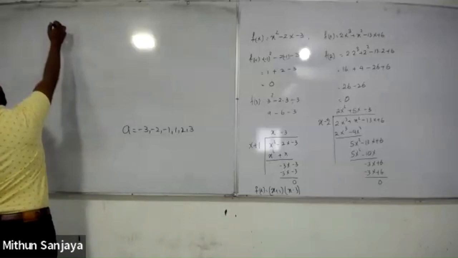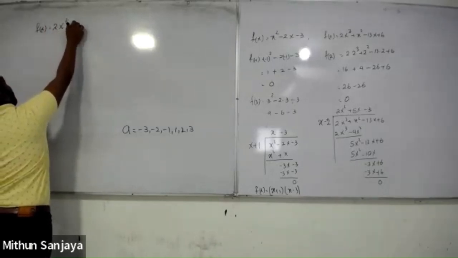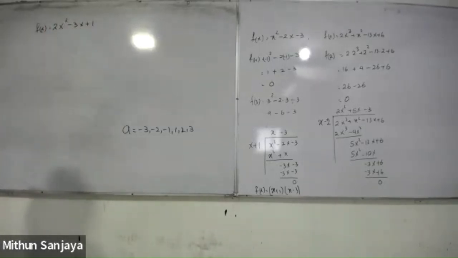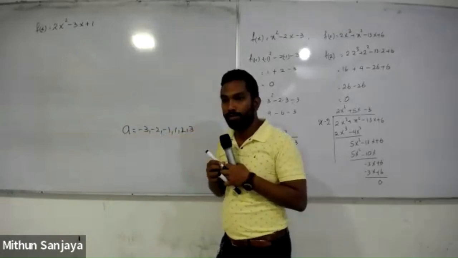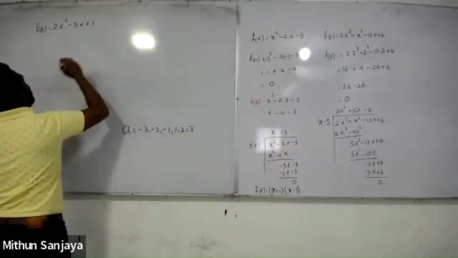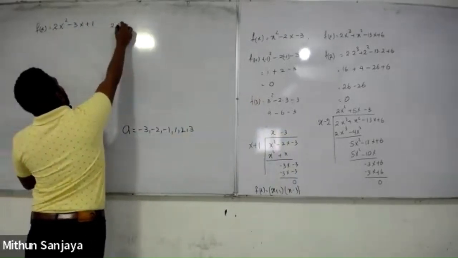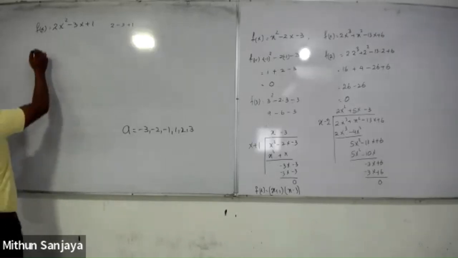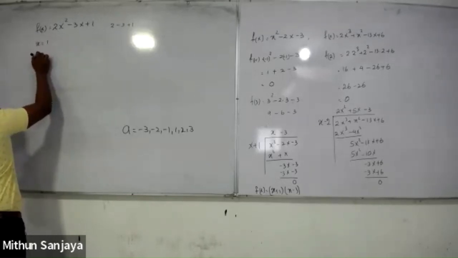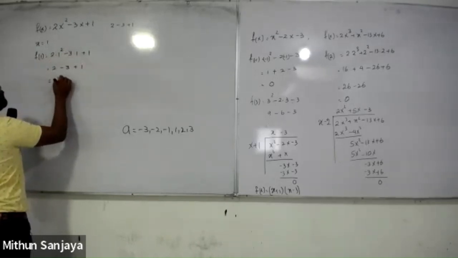f(x) equals 2x squared minus 3x plus 1. We substitute. With x equal to 1, f(1) equals 2 times 1 squared minus 3 times 1 plus 1, which is 2 minus 3 plus 1 equals 0.